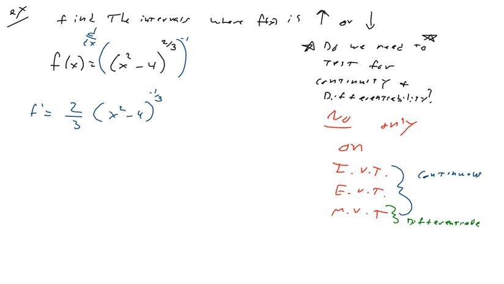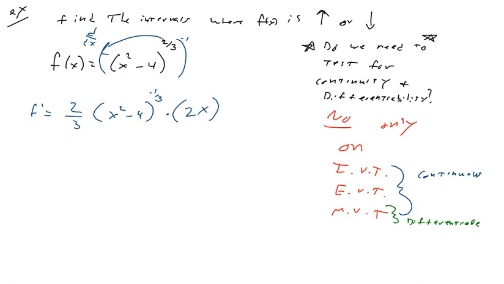That's the derivative of the outside, times the derivative of the inside, x squared minus 4. I know it's a difference of squares, but it doesn't really matter. I just do the derivative piece by piece. X squared becomes 2x. The derivative of 4 is 0, so it's just 2x.